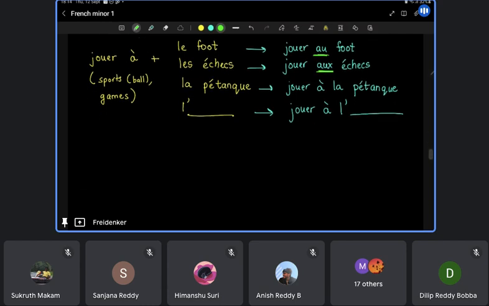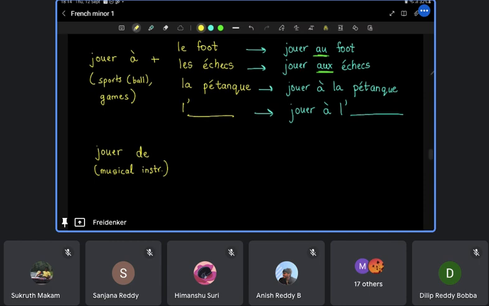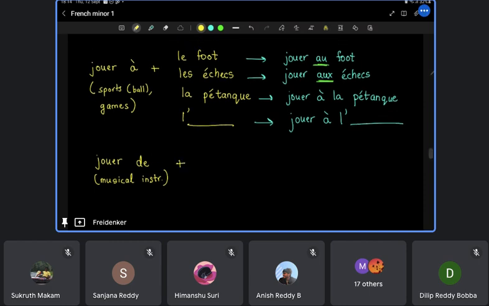Jouer de. The other thing is now how do I use jouer de? This is used for musical instruments. So when you say I play the guitar, you will use this. Is there a masculine musical instrument?